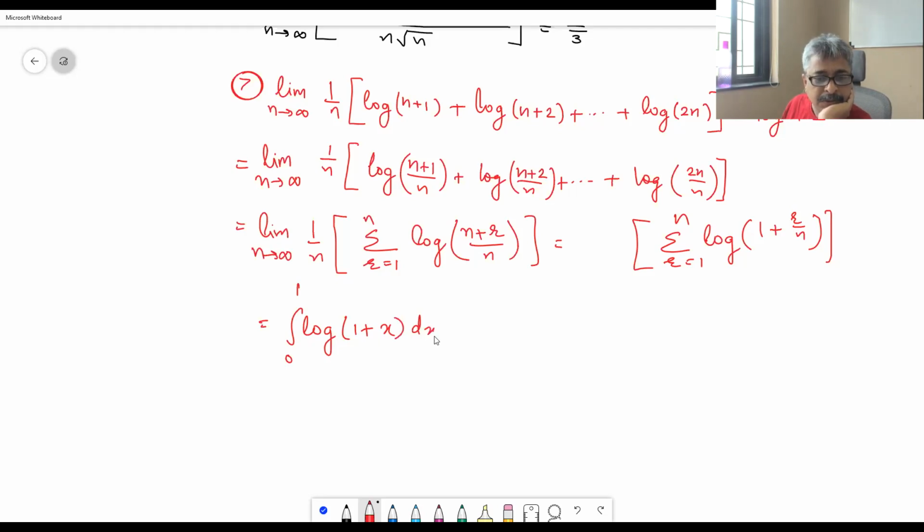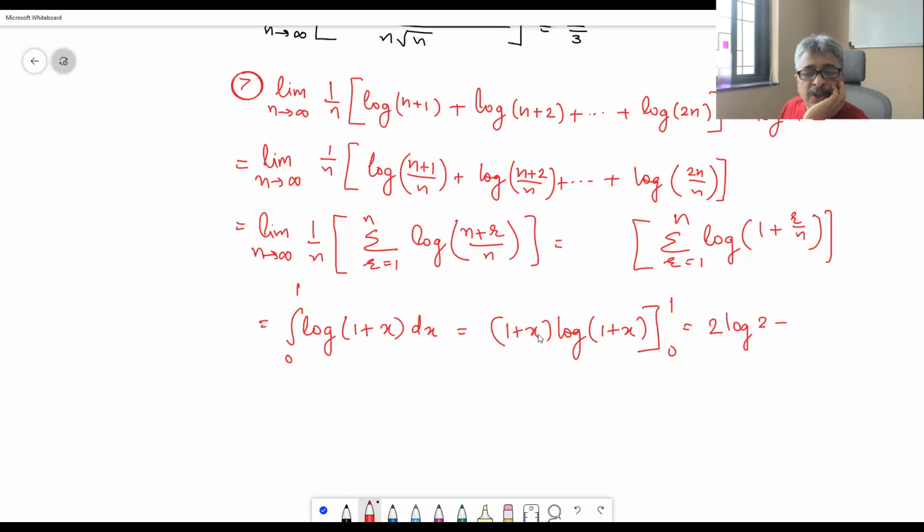dx, which is 1 plus x log x, to be evaluated between 0 to 1, which is equal to 2 log 2.